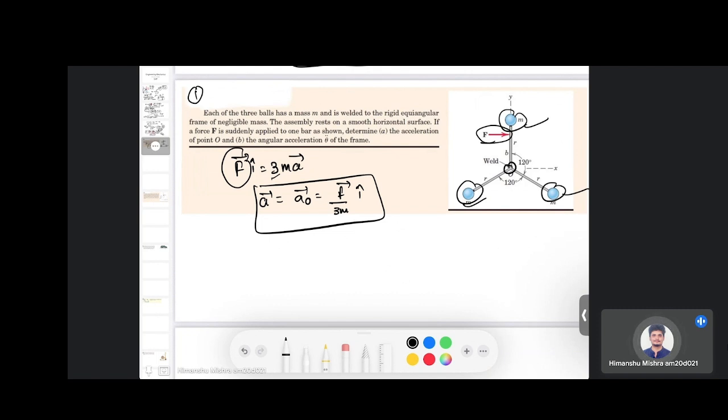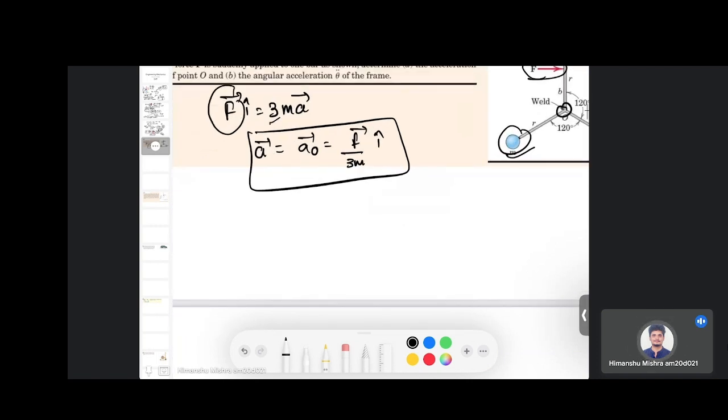Now to define the angular acceleration, we will be using the moment principle. Just recall that the moment equals the rate of change of angular momentum, right? So first let's describe the angular momentum, then we will define the rate of change of angular momentum by taking the derivative of angular momentum with respect to time, and that quantity is equal to the summation of moments.